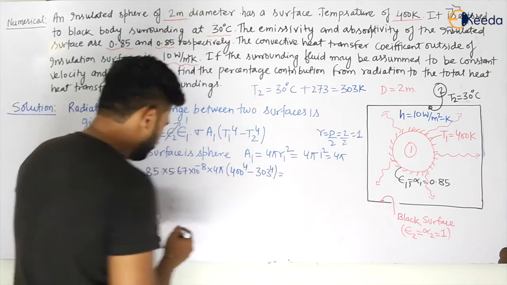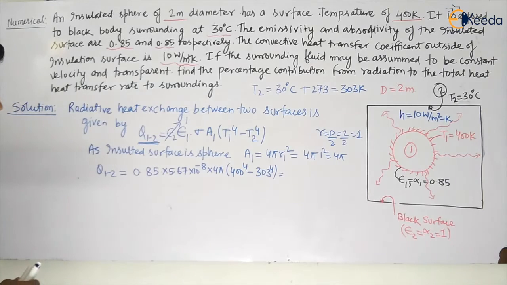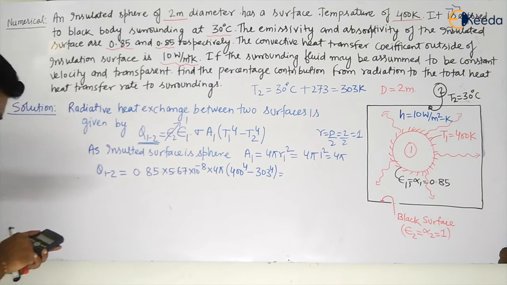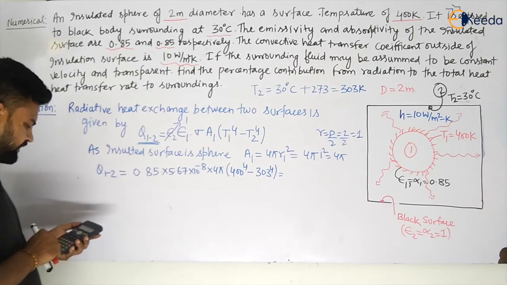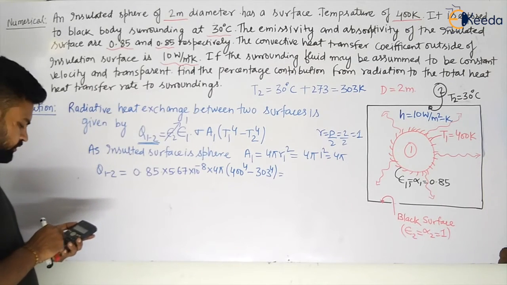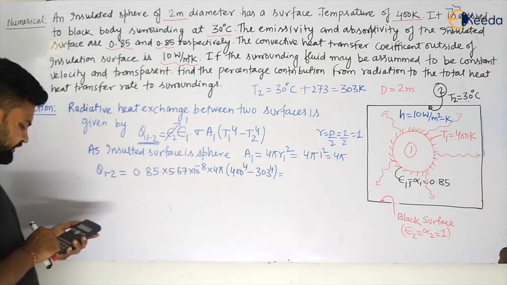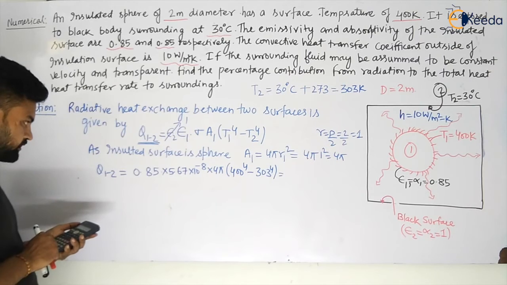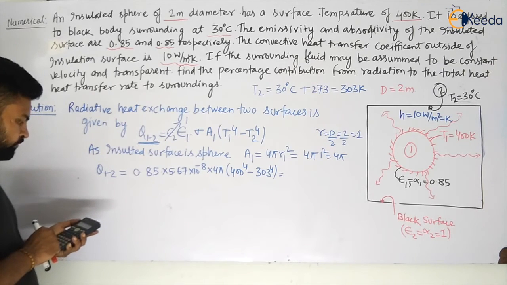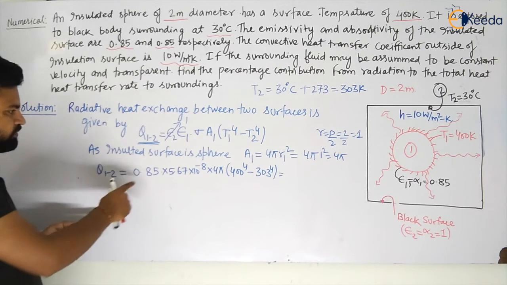So from here we will have the net radiative heat exchange, and let us calculate what will be the value. So now this will become how much? Let us see. So 400 to the power 4 minus 303 to the power 4 multiplied by 5.67 into 10 to the power minus 8, my dear students, multiply by 4 pi into 0.85.